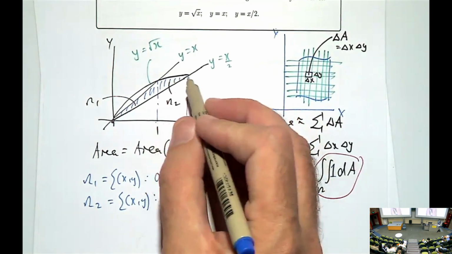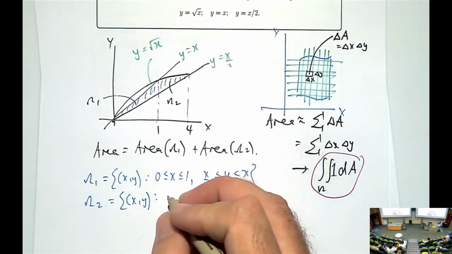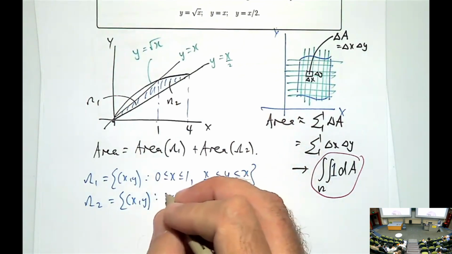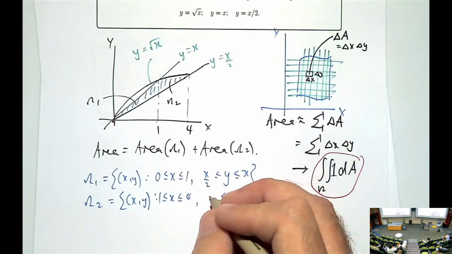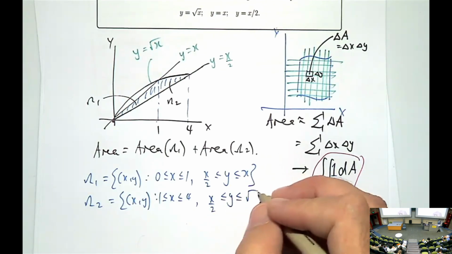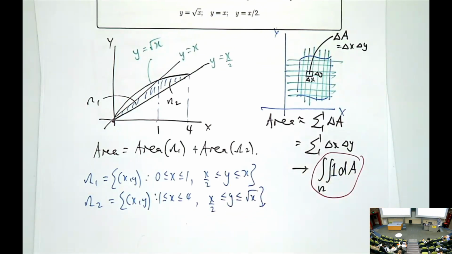Exactly, and that's root x. So we have to do two things there to describe the little regions that we're integrating over.